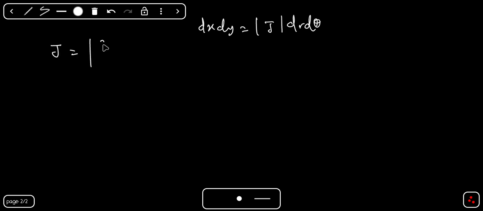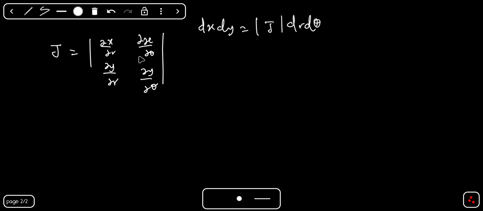So here's the formula for that. We know that dx dy is equal to the determinant of the Jacobian multiplied by dr d theta. And what is the determinant of the Jacobian? We know that the Jacobian matrix has the entries dx/dr, dy/dr in the first row, and dx/d theta, dy/d theta in the second row.